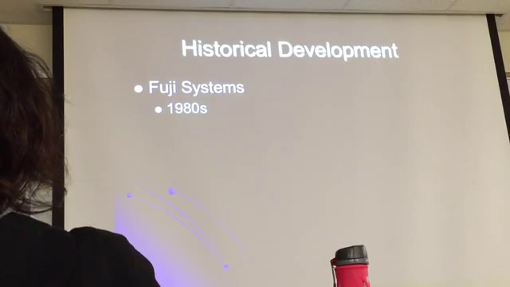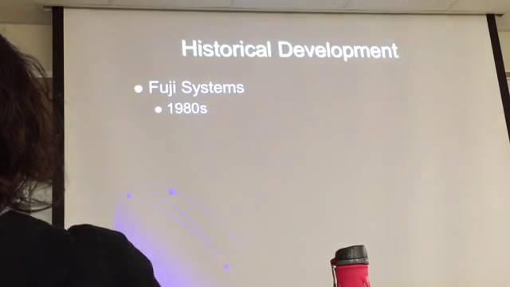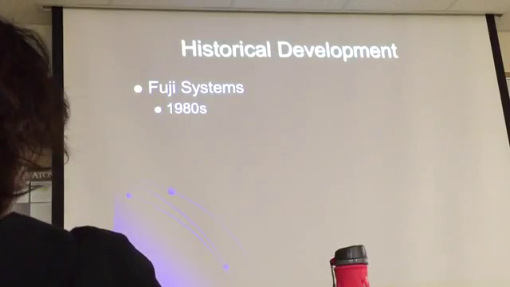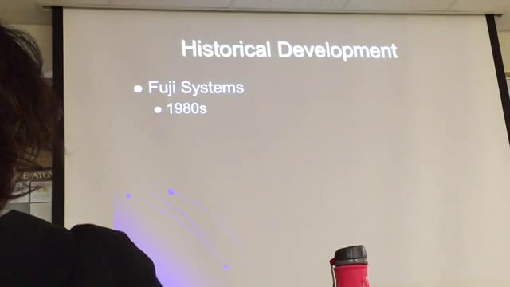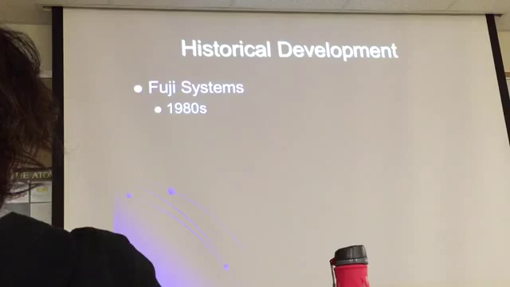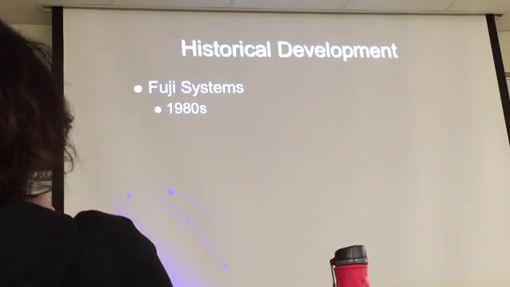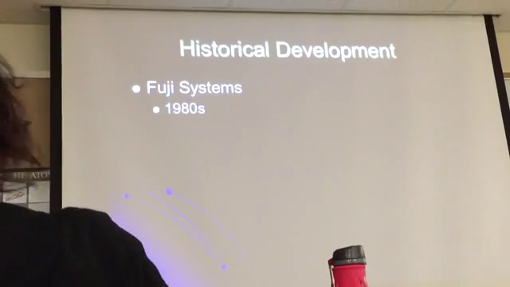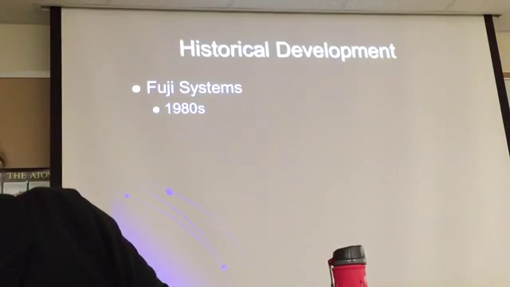First thing is Fuji Systems in the early 80s, like 83, 84, they came out with the first digital system. However, it was not Fuji who developed the digital systems. Who do you think did? Kodak. In the mid-70s, about 75, 76.